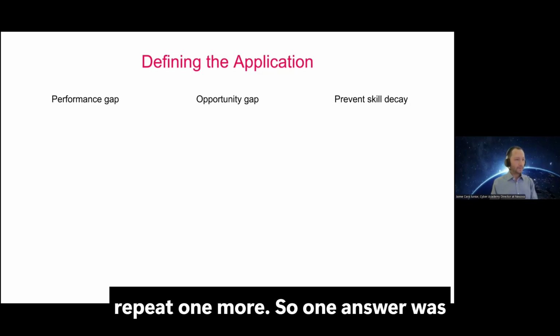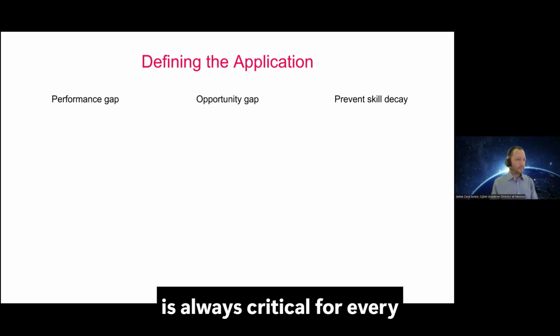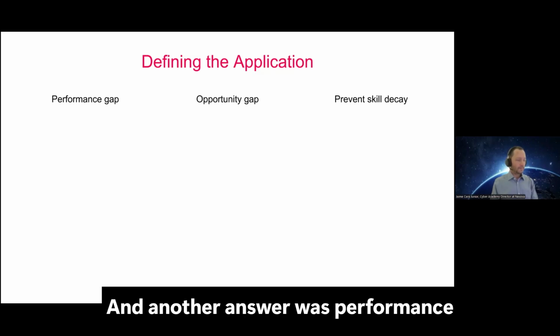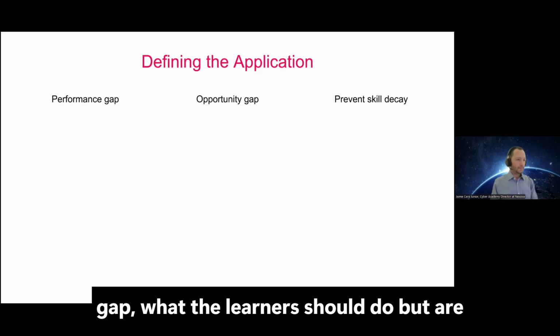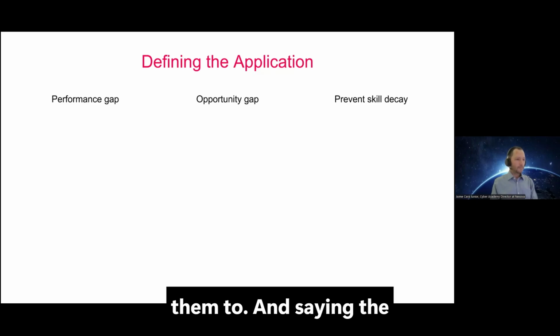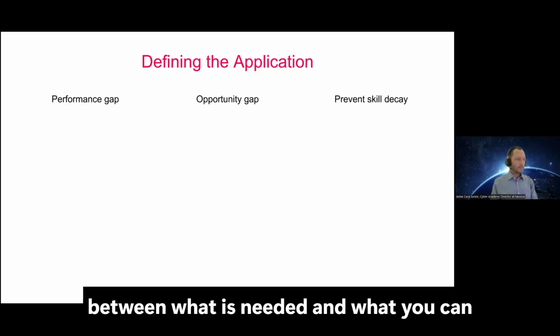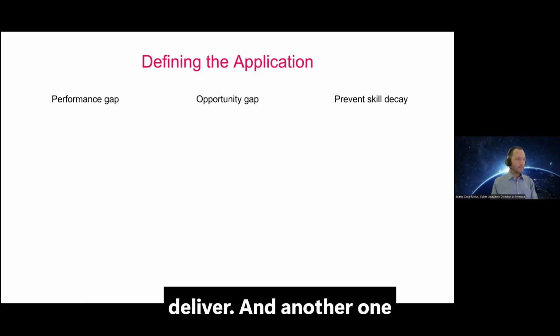So one answer was based on needs assessments, which is always critical for every educational program. And another answer was performance gap, what the learners should do but are not doing yet, or not in the way you want them to. And saying the performance gap again, the difference between what is needed and what you can deliver.